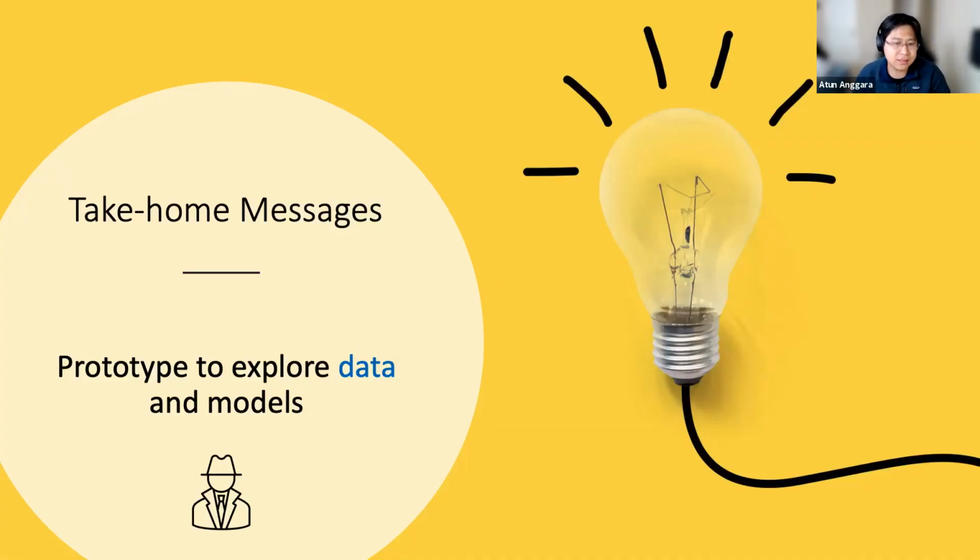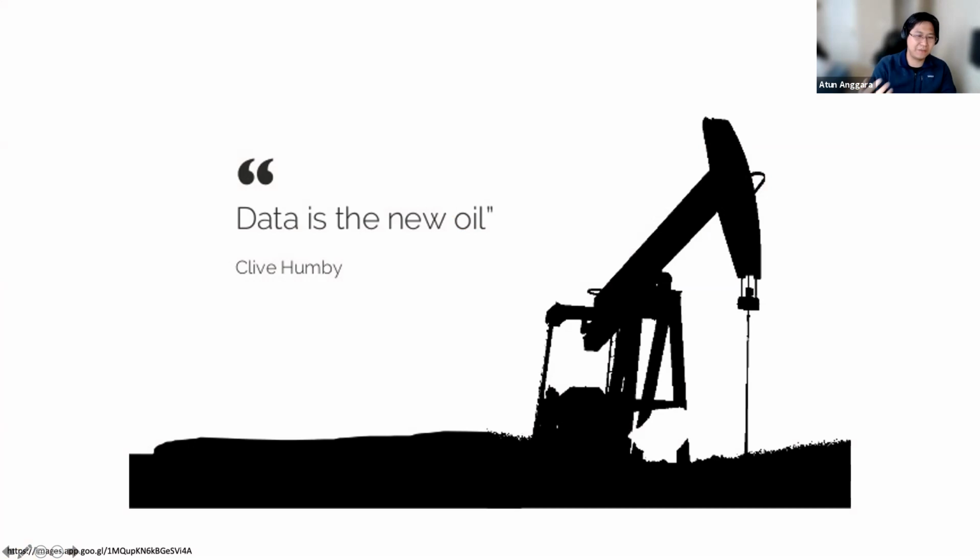Now let's discuss data visualization. And I use the image of an investigator, a he or she or they, where we want to understand what is data. And we have heard this famous quote, data is the new oil, by Clive Humby. And we keep on harping on this idea that data is valuable. And where did that come from?